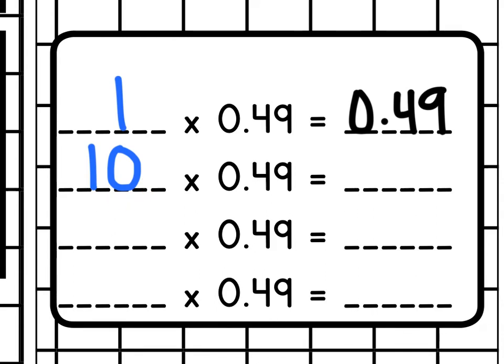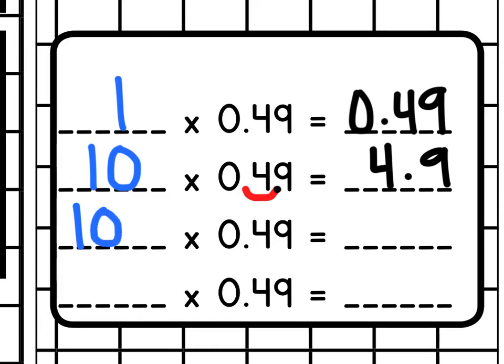So I will take the decimal and move it 1 to the right. My decimal is now in that new spot. And so my number now is 4.9.